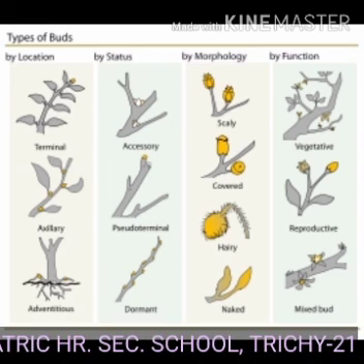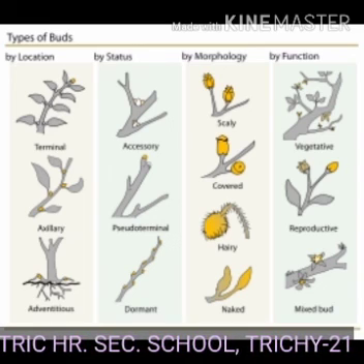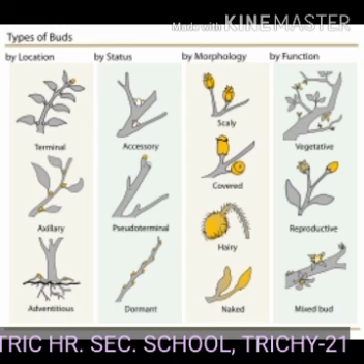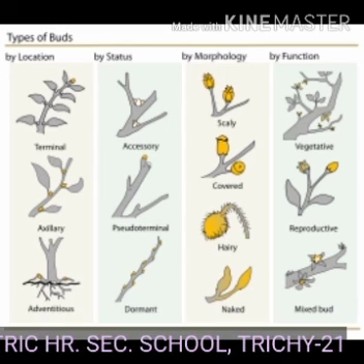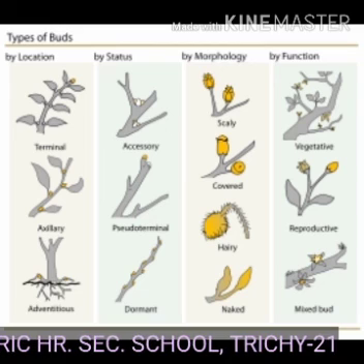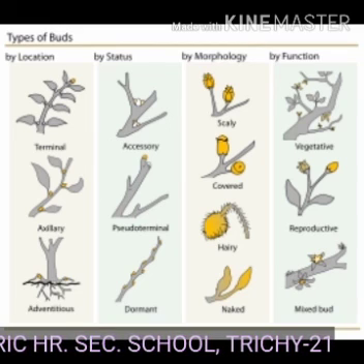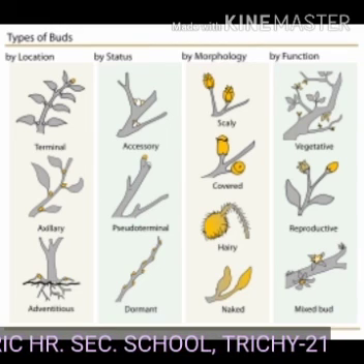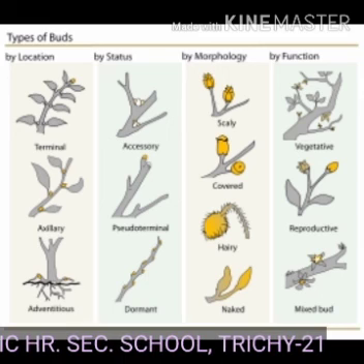Adventitious buds function as propagules which are produced on the stem as a tuberous structure. Example, Agave. Bulbils. Bulbils are modified and enlarged buds meant for propagation.